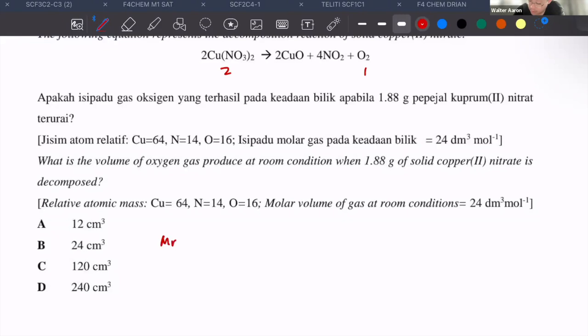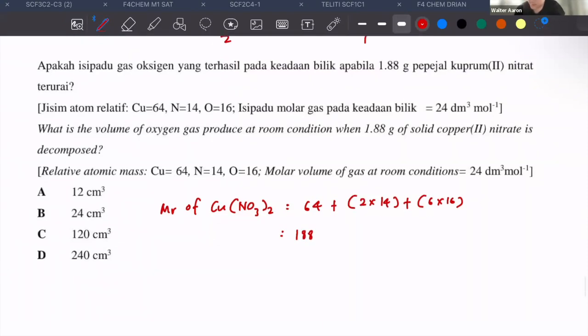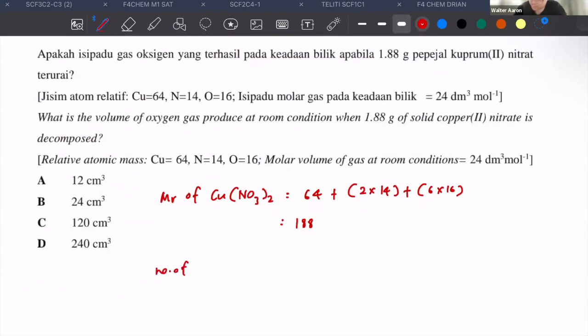The Mr will be 64 plus 2 times 14 plus 6 times 16, which is 188.